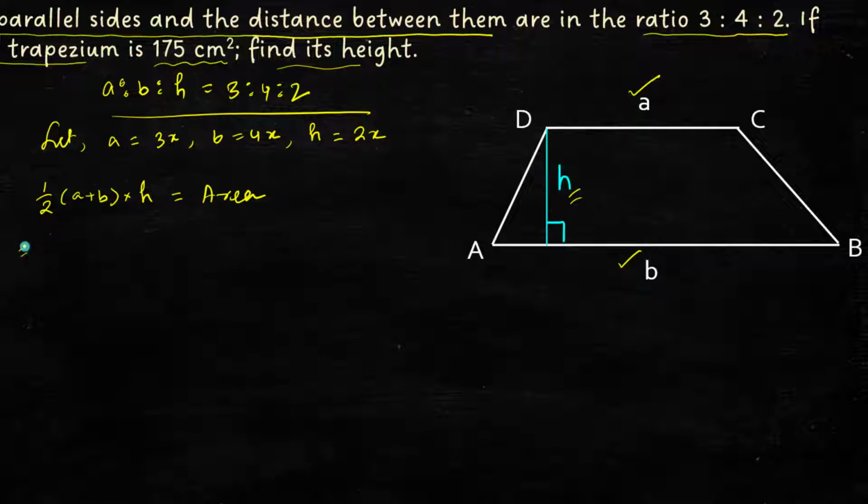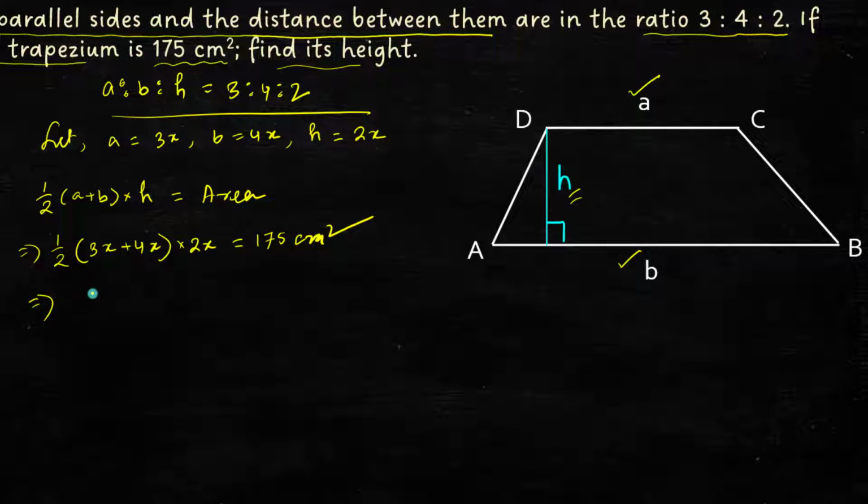Okay. Now, half of a plus b, a is equal to thrice x, b is equal to 4x, and h is equal to twice x, and area is given that it is 175 centimeter square.